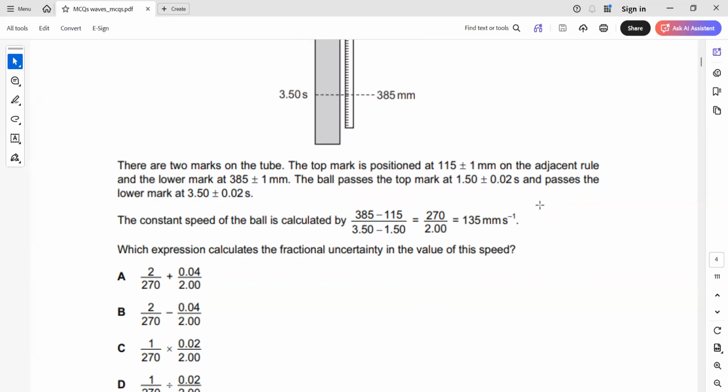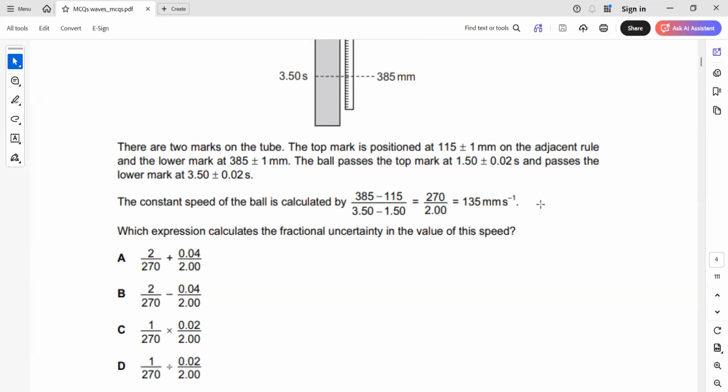Like how we will get the fractional uncertainty. It is a very straightforward question. Remember, uncertainty always adds. Even if you're subtracting two quantities or dividing the two quantities, when we are dividing we add the percentage uncertainties, and when we are subtracting or multiplying, we also add percentage uncertainties.